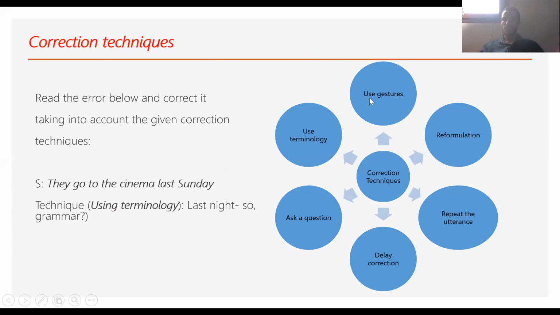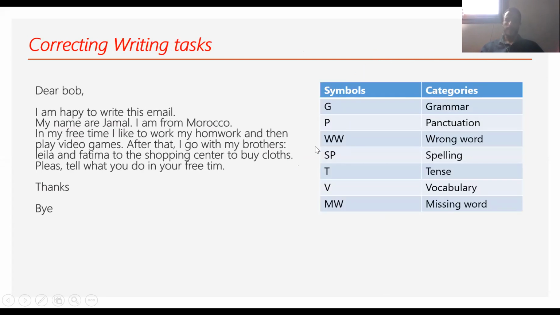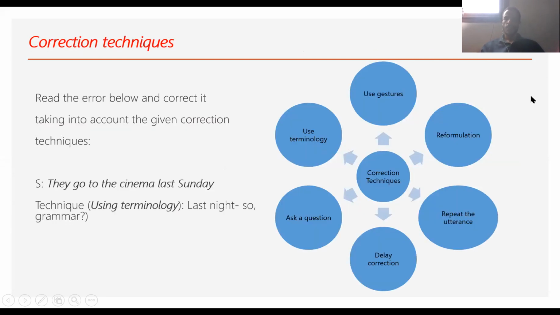Now, these are the techniques. You can use gestures, reformulation, repeat the utterance, delay correction, ask questions, or use terminology. Okay, I'm going to explain. Use gestures. I played tennis yesterday. The teacher gestures, pointing back, yesterday. Or you can use your fingers like this.